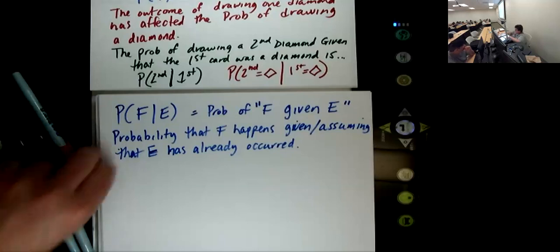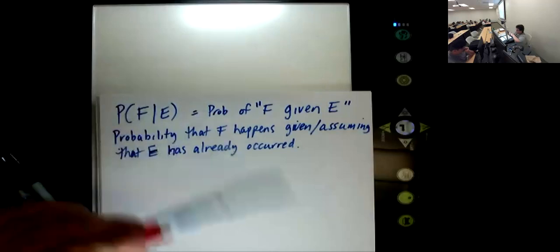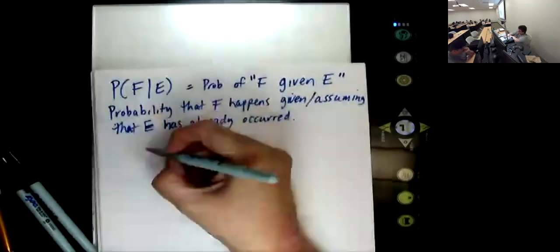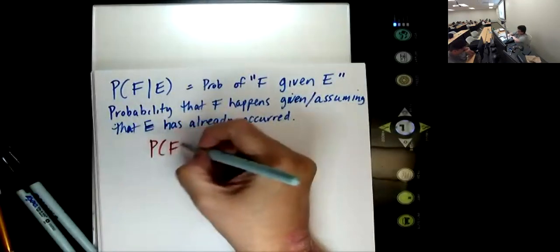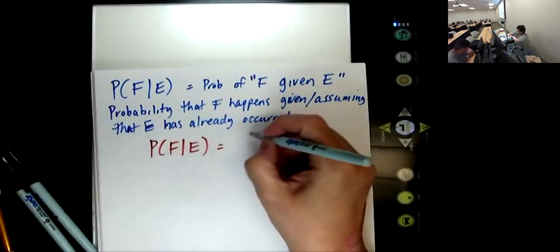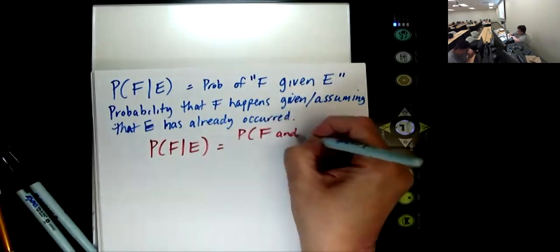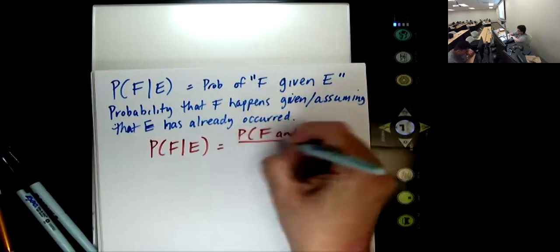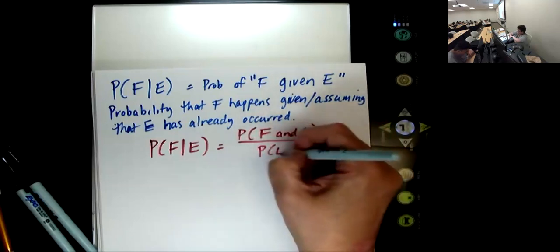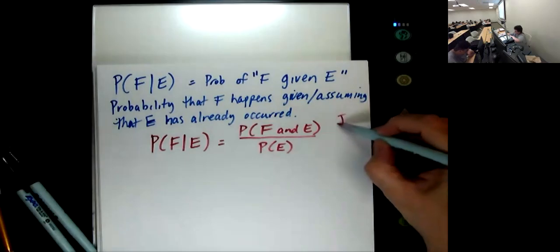There's a formula for this. Probability of F given E equals the probability of F and E divided by the probability of E. This is if you're using the probabilities.